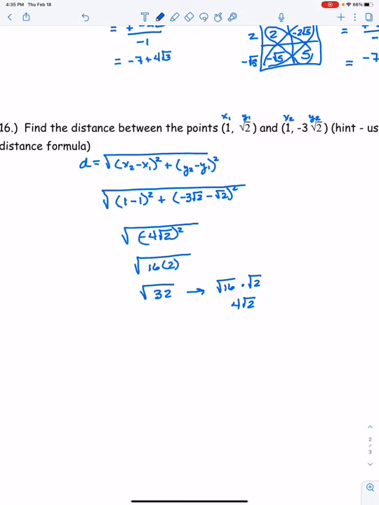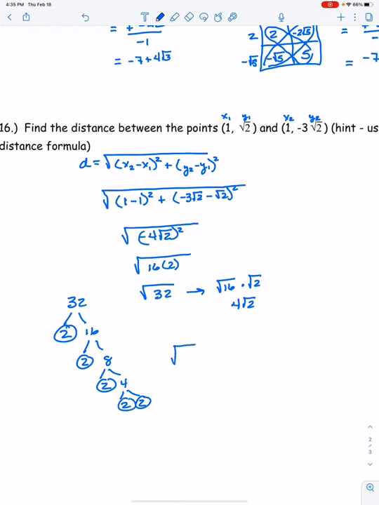If you want to do it the prime factorization method, you can go 2 times 16. 16 you can see is a perfect square already, or you can keep going. 2 times 8, 2 times 4, 2 times 2, and we are done.